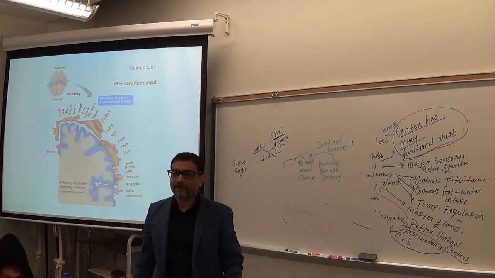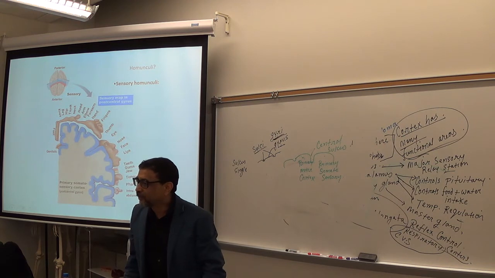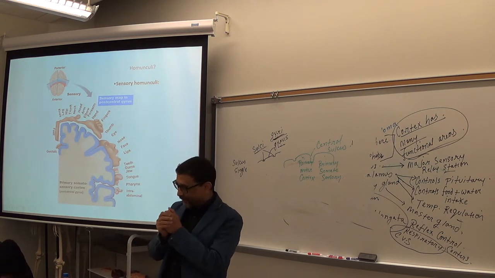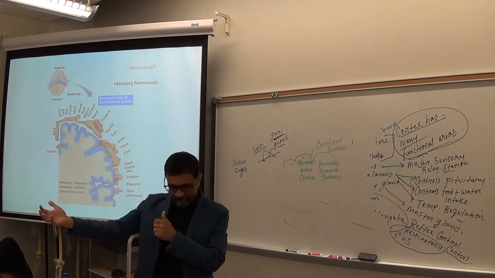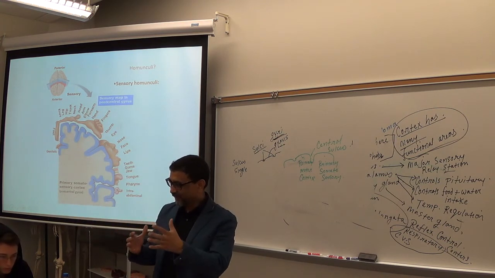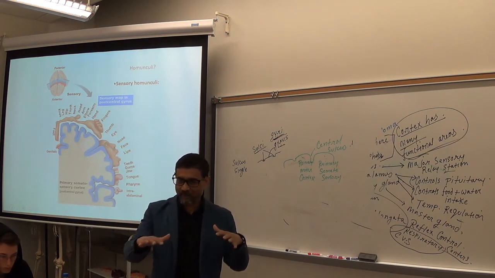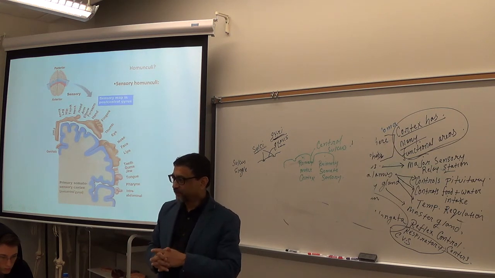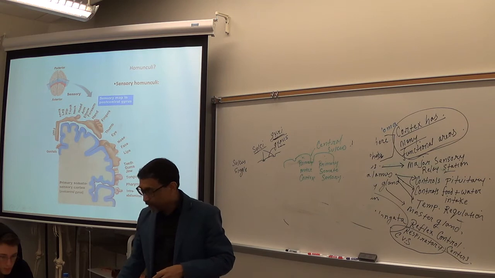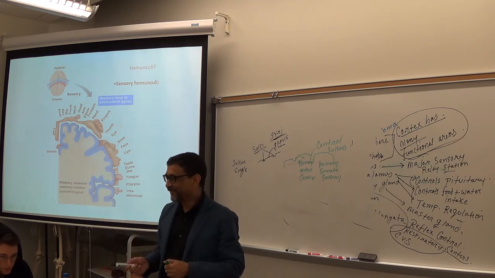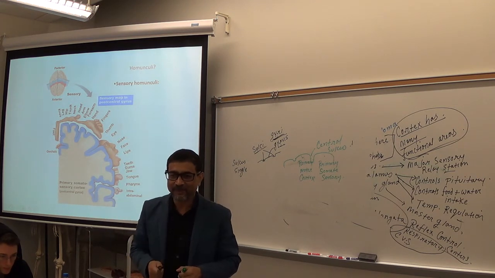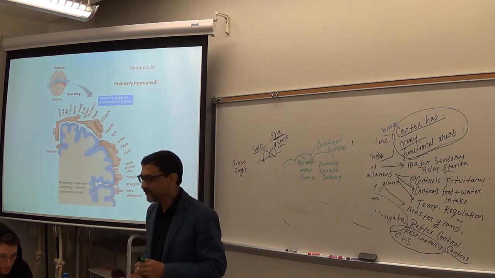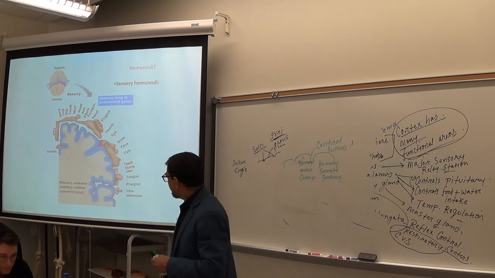So the areas that are not getting signal will be taken by the adjacent areas, right? So it's like always that kind of thing is going on. That is the plasticity of the brain. Okay? So I'll talk about that on Thursday night. If you can come, just join, I'll talk about my research. Okay? So it's very interesting.